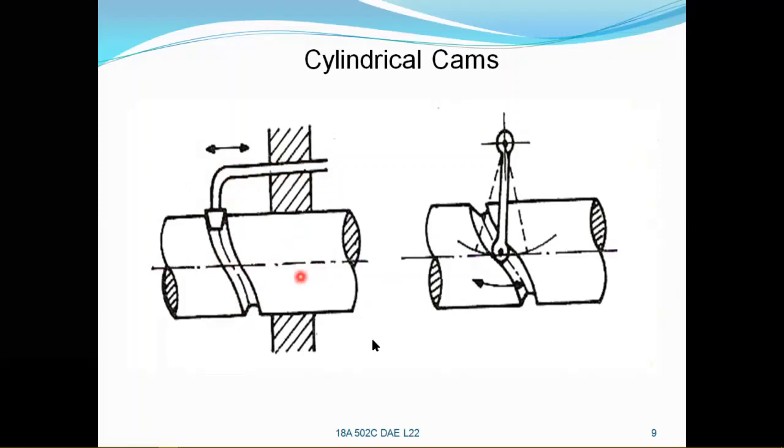So as it is rotating about its own axis, the follower will move along the path of the groove cut on the surface of the cam. Due to the rotation of the cam, the follower may have reciprocating motion parallel to the axis.